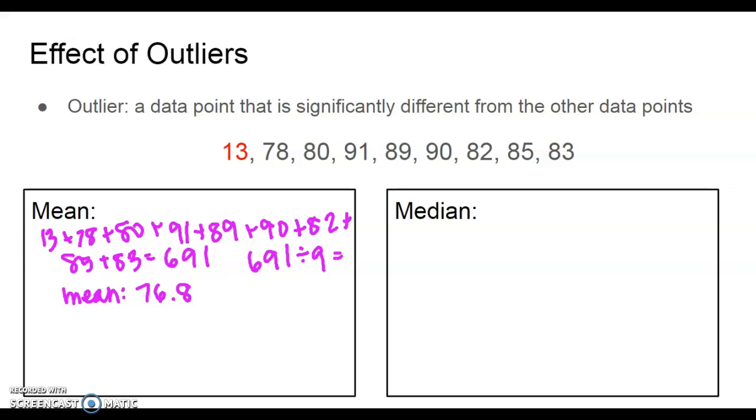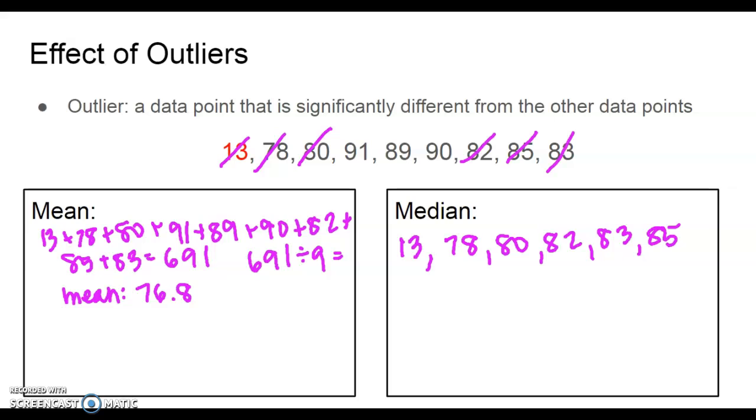Now let's think about median. So for median, first I need to order all of these values from smallest to largest. So my smallest value is 13, then I have 78, then I have, let's see, 80, 82, 83, 85, 89, 90, and then 91.